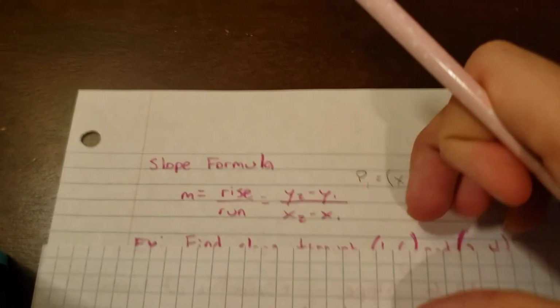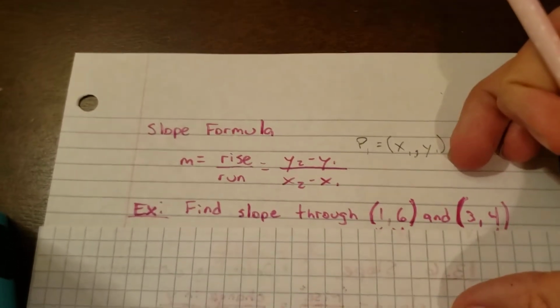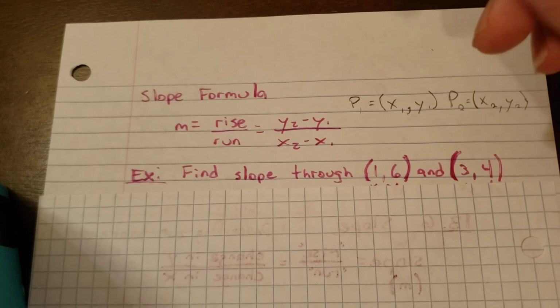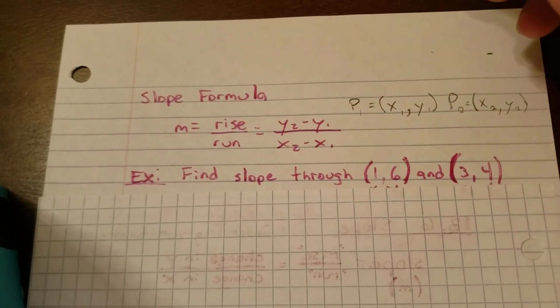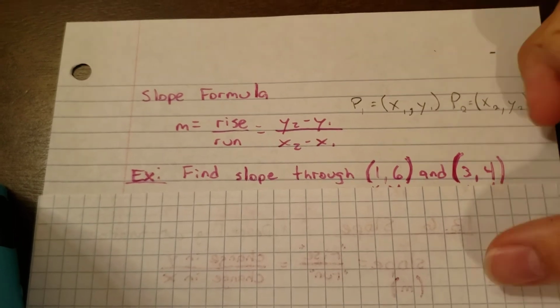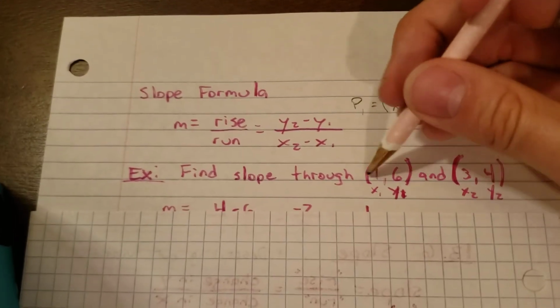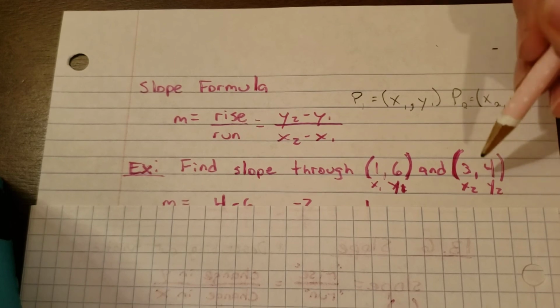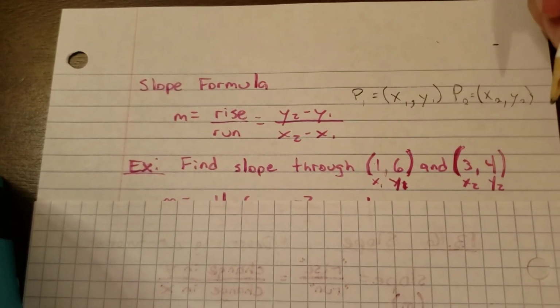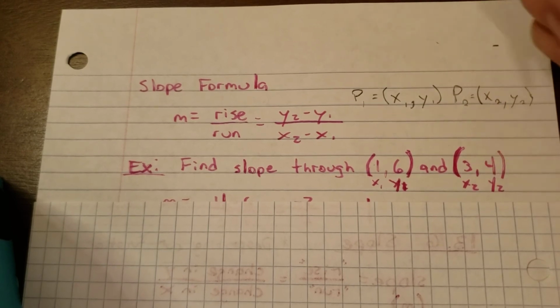All right, so here's an example. So in this case, we don't need to graph it. We're just going to find the slope through these points. Now, I've chosen this point here to be point 1 and this point to be point 2. Again, it's always x comma y, x comma y.